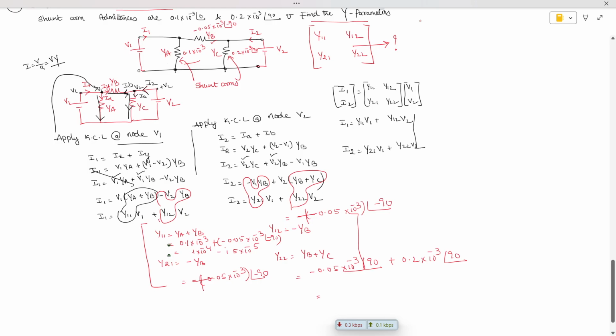Use the calculator and you can find the values automatically. So these are the resultant values of Y11, Y12, Y21 as well as Y22, as asked in the problem.